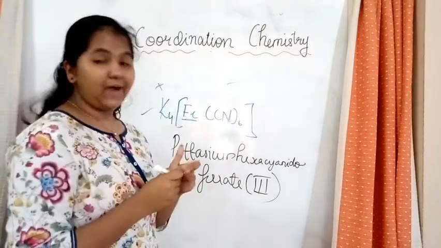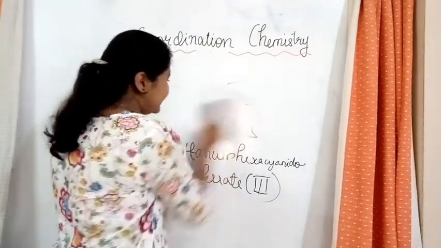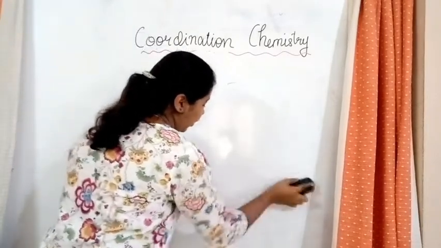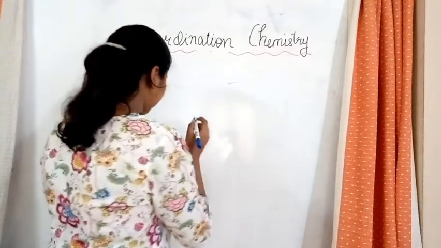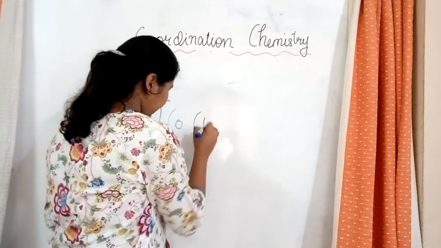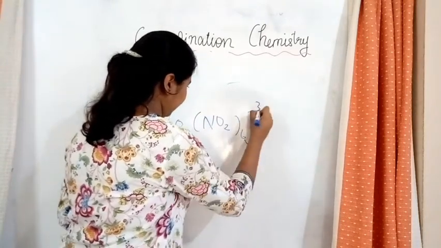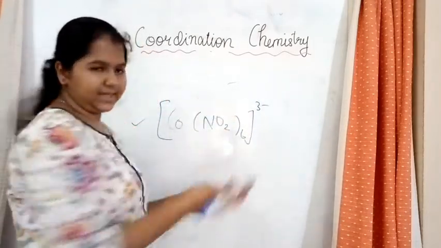Okay. Now let's see the second example. What was our second example? Cobalt, [Co(NO2)6]3-, sorry. Yeah, was this our example? So let's write this.